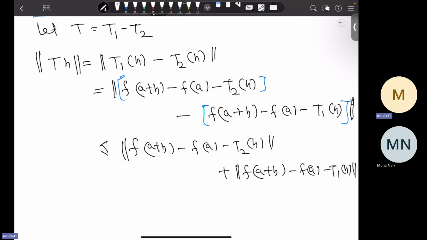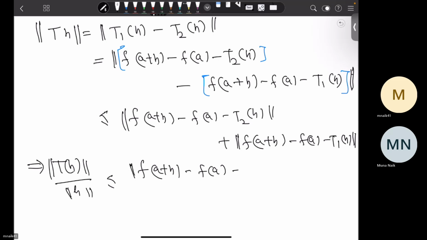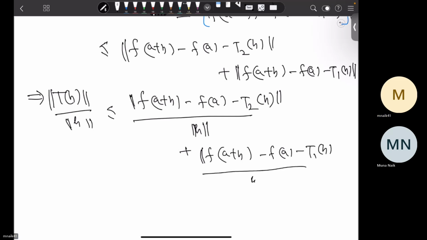And that will give you norm of T h by norm of h is less than or equal to norm of f of a plus h minus f of a minus T2 h by norm h, plus norm of f of a plus h minus f of a minus T1 of h by norm h.